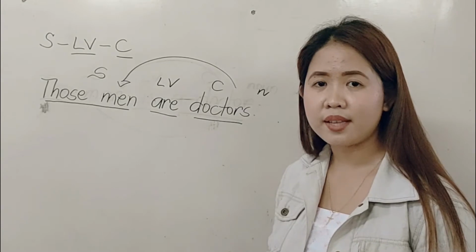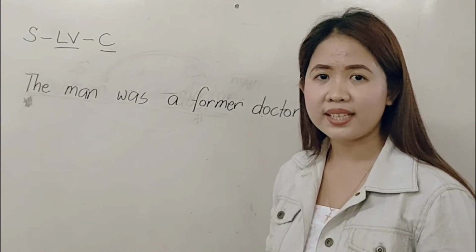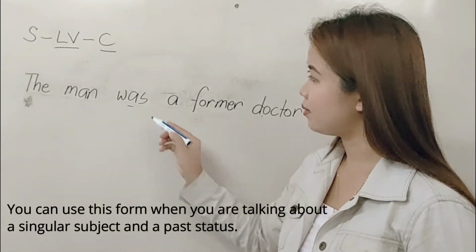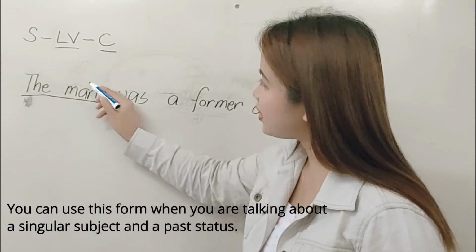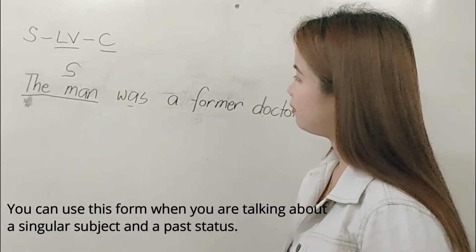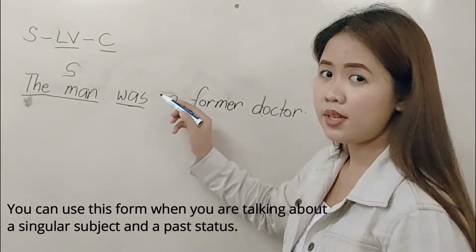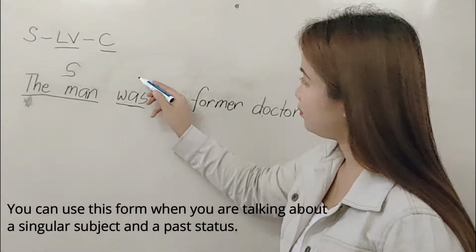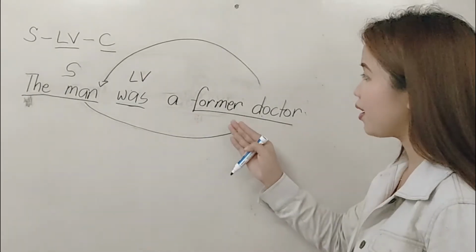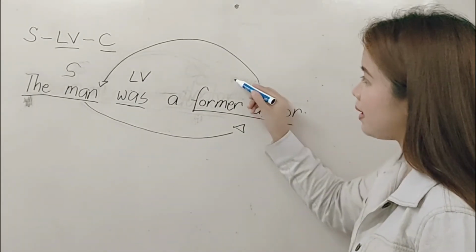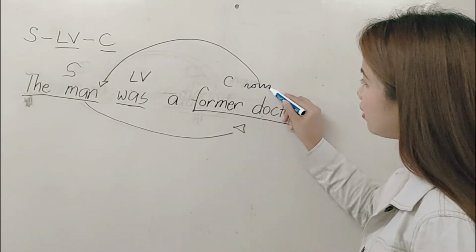Now let's use another linking verb. We have our third linking verb, was. The subject is the man, a singular subject. The linking verb is was. This means that the word former doctor is the complement, which functions as a noun.